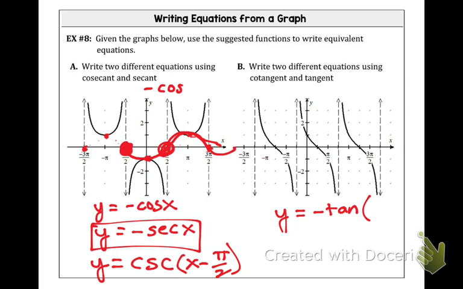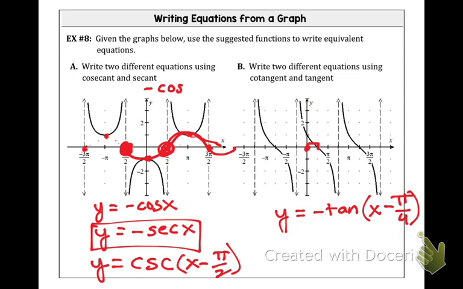I'm going to go with the tangent one first. So tangent normally we know is like this. If I make it a negative, then that would make it decreasing. And then if I do a tangent, it looks like we're shifting over a quarter of a pi to the right, so minus a quarter of a pi.